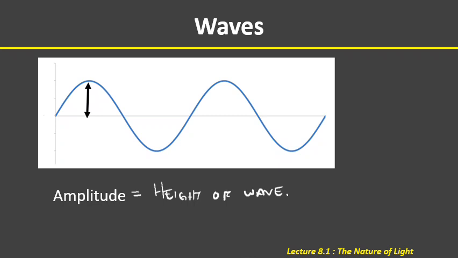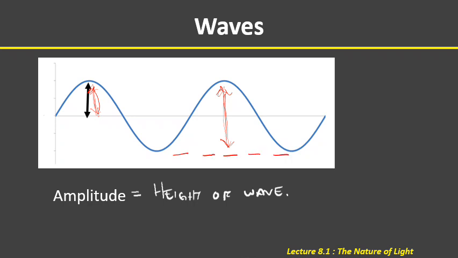All right. The next one is amplitude, and that's basically the amount of energy carried in the wave. Amplitude, depending on what you're talking about, can be defined as the height from the peak of the wave down to the midline, or sometimes it's defined as the distance from the peak down to the trough.